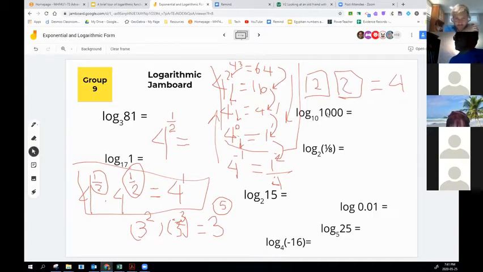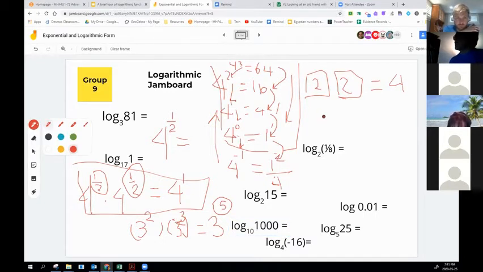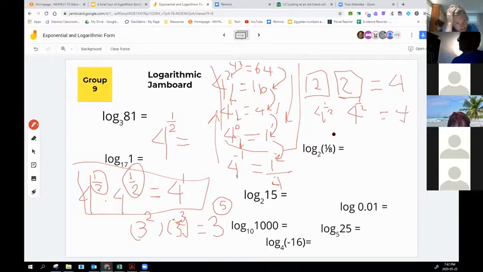Okay, now let's talk about this for a moment. If 2 times 2 is 4, and we said this thing is the same as 4, okay, let me go here. 4 to the power of 1/2 multiplied by 4 to the power of 1/2, and that gives me 4. Do you see that these are actually the same number?